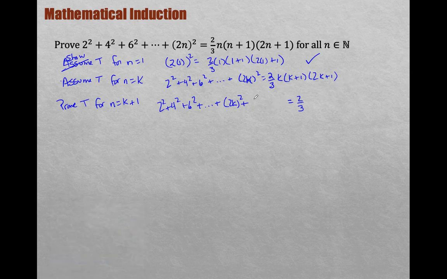So the next term would be 2 times k plus 1 squared. What happens when you put a k plus 1 in there? And what happens when you put a k plus 1 there? You get 2k plus 2 plus 1. Right?